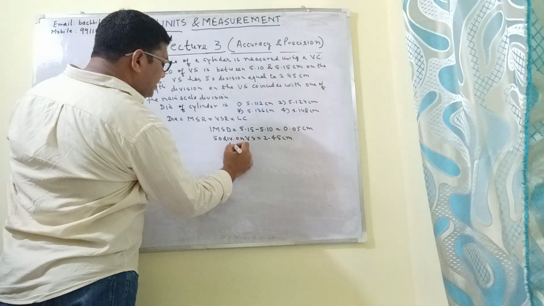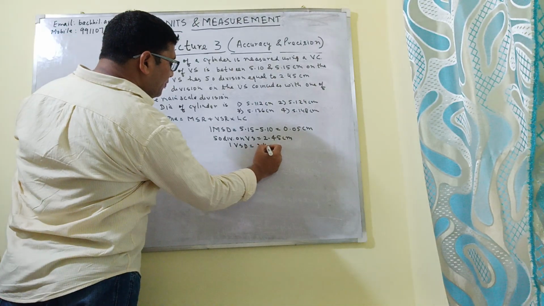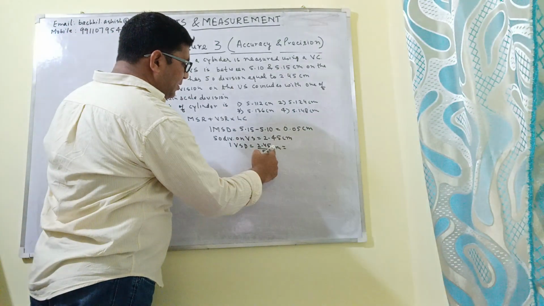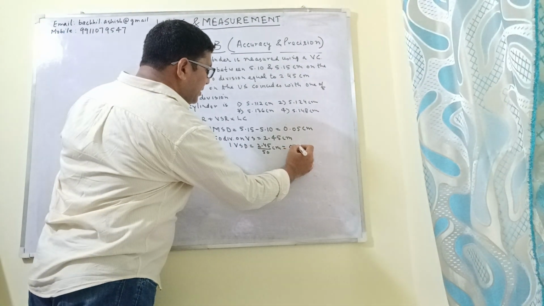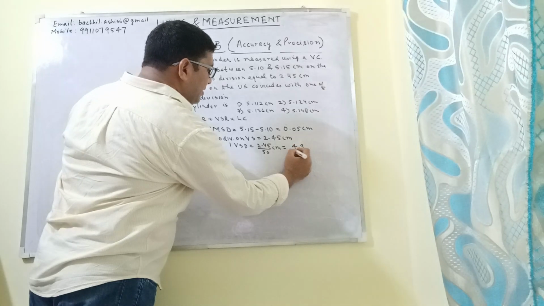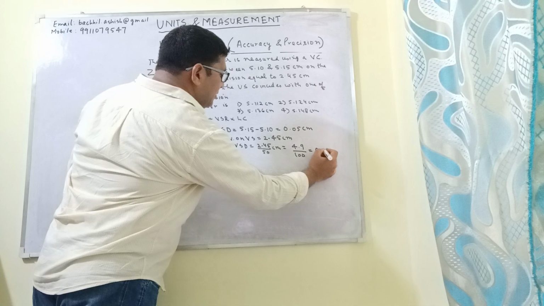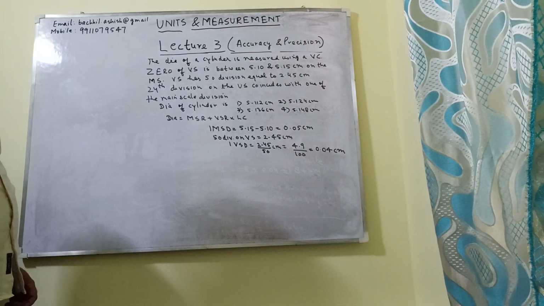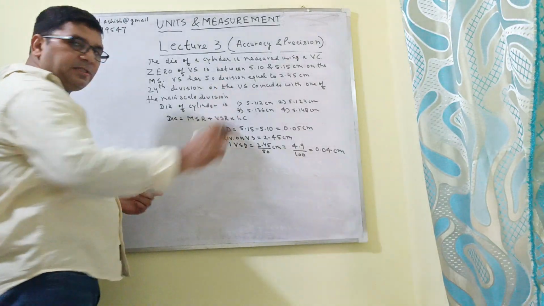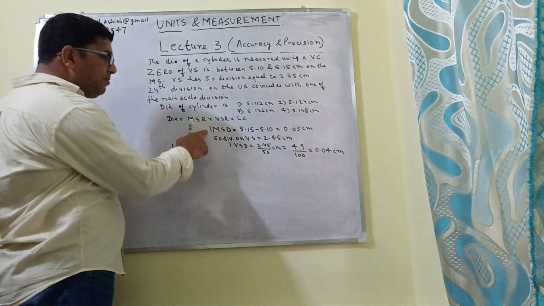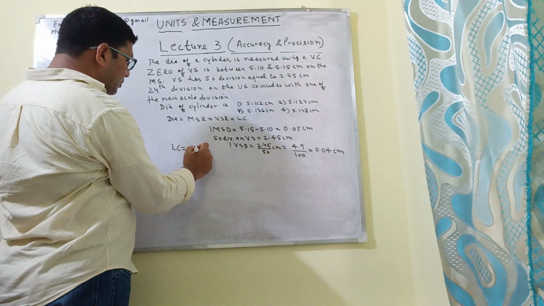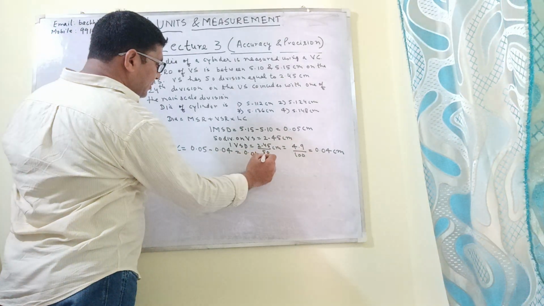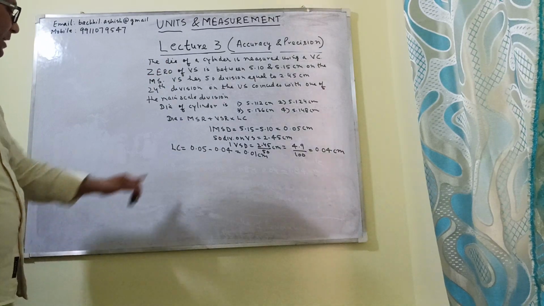So it means that one vernier scale division will be equal to 2.45 divided by 50 centimeter. इसको हम लिख सकते हैं, that is equal to 4.9 divided by 100, which is equal to 0.04 centimeter. तो वर्नियर स्केल डिवीजन की वैल्यू हमारे पास में आ गई. मेन स्केल डिवीजन की भी आपको वैल्यू पता है, तो लीस्ट काउंट एज यू नो इज वन मेन स्केल डिवीजन माइनस वन वर्नियर स्केल डिवीजन. सो दैट इज इक्वल टू 0.05 माइनस 0.04 विच इज इक्वल टू 0.01 सेंटीमीटर. दिस इज द लीस्ट काउंट ऑफ द इंस्ट्रूमेंट. ये लीस्ट काउंट भी आ गया.